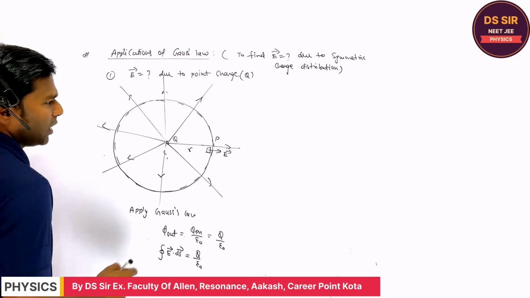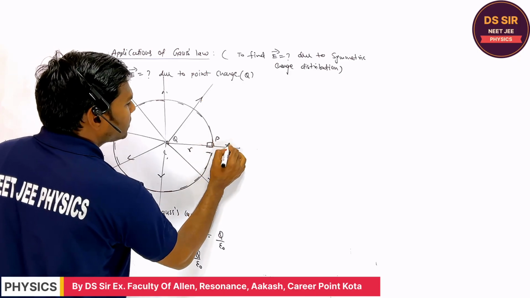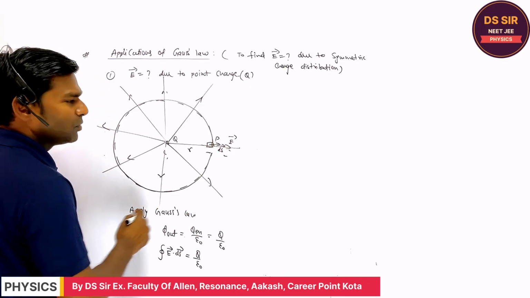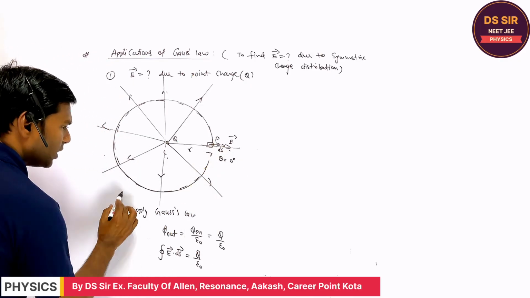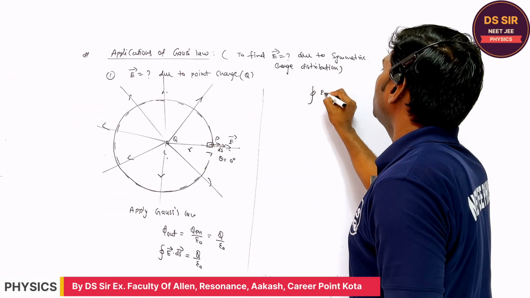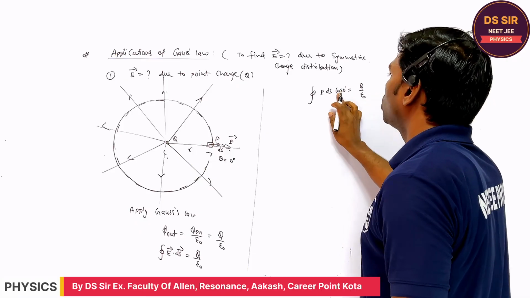Listen one thing. Here, if you consider this is the electric field at this point, and the ds vector are in the same direction, so what is the theta over here? Say 0, right? If theta is equal to 0, you may write E ds cos 0 is equal to Q upon epsilon naught. Cos 0 is 1.